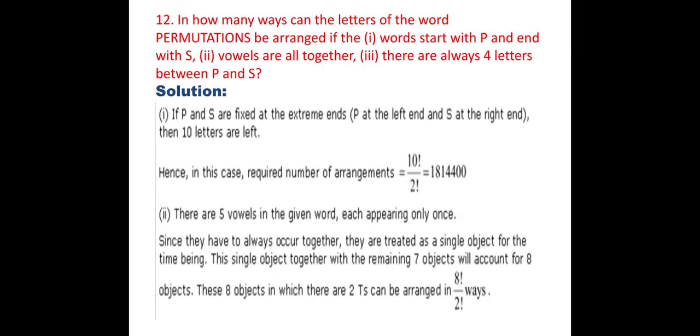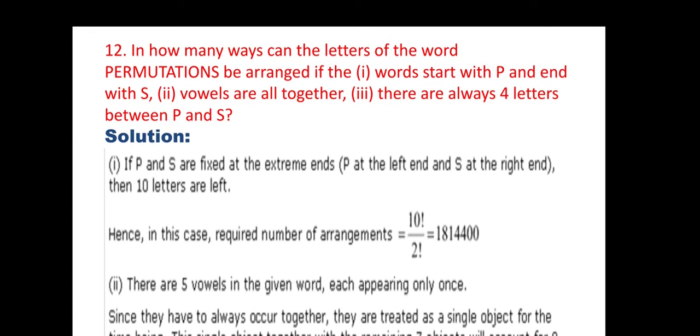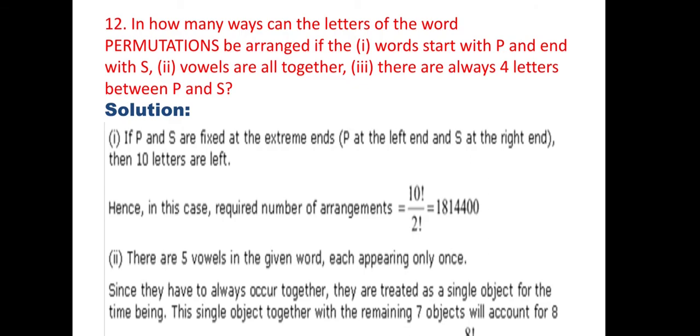Students, another question is there: in how many ways can the letters of the word PERMUTATIONS be arranged if the word starts with P and ends with S? If P and S are fixed at the extreme ends, how many letters are left in between? P at the left end and S at the right end, then 10 letters are left in between.